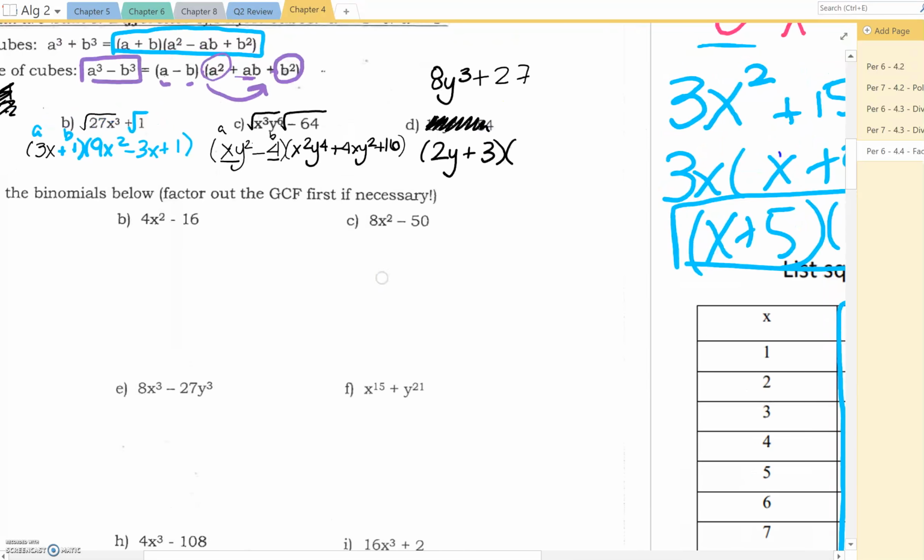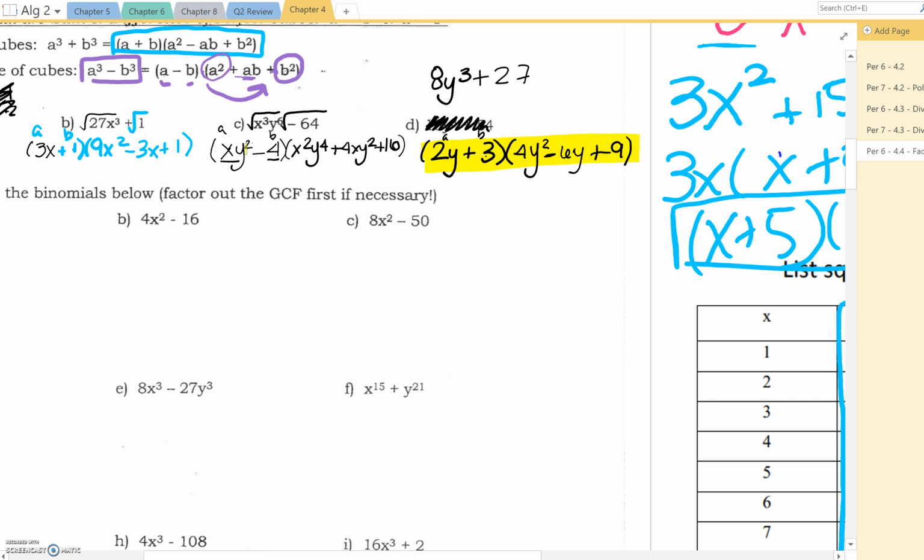We're doing a sum of cubes, so apply the formula. This is your new a, this is your new b. A squared would be 4y squared. 3 times 2y is 6y. You're subtracting. And then 3 squared is 9. So this would be your final answer.